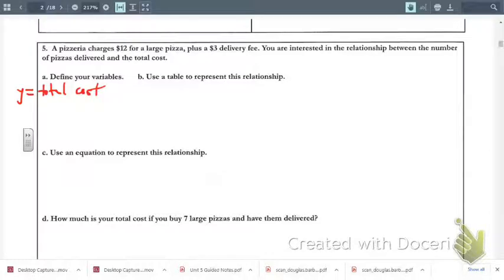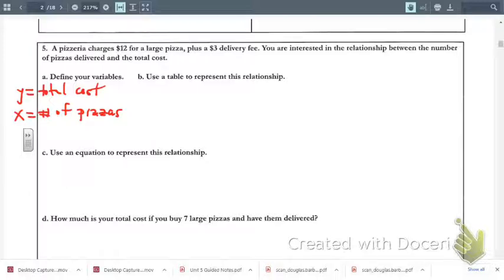Okay, y is usually what you're trying to find. Your x, in this case, is the number of pizzas.